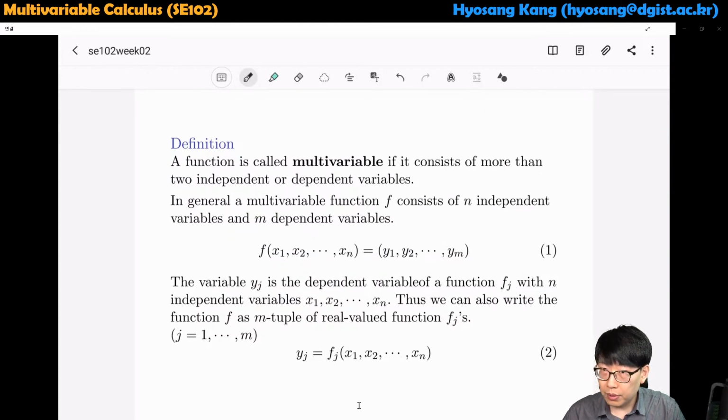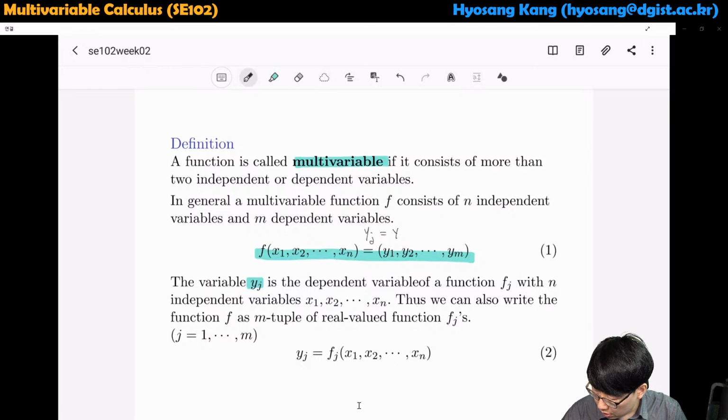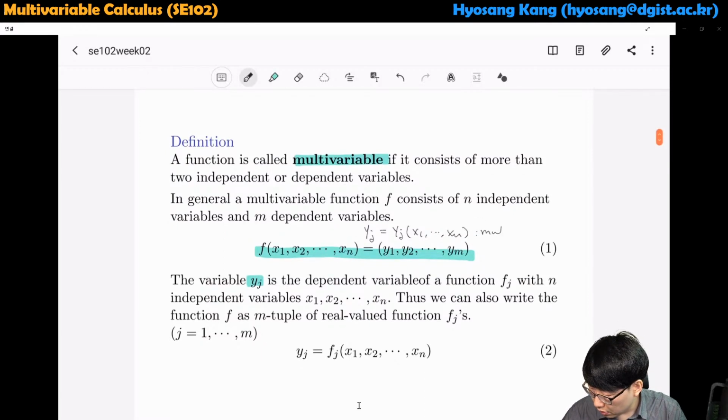A function is called a multivariable function if it consists of more than two independent or dependent variables. So in general, we can rewrite this multivariable function as sending an n tuple of numbers to an m tuple of numbers, where each yj is also already a multivariable function because each yj is determined by an n tuple of numbers from x1 to xn.